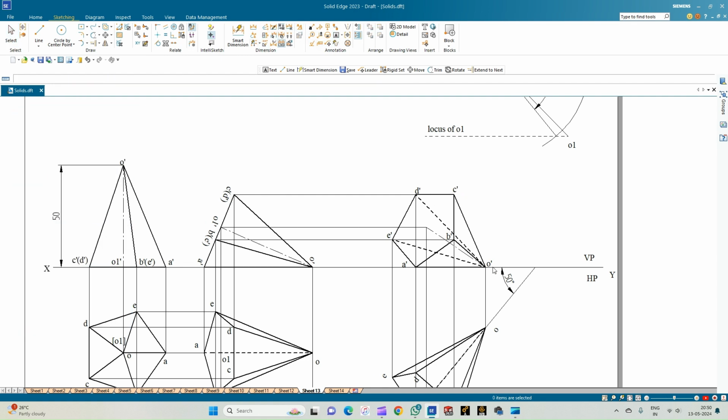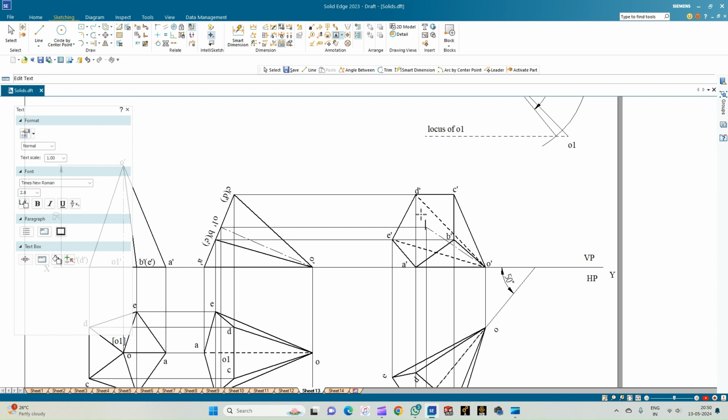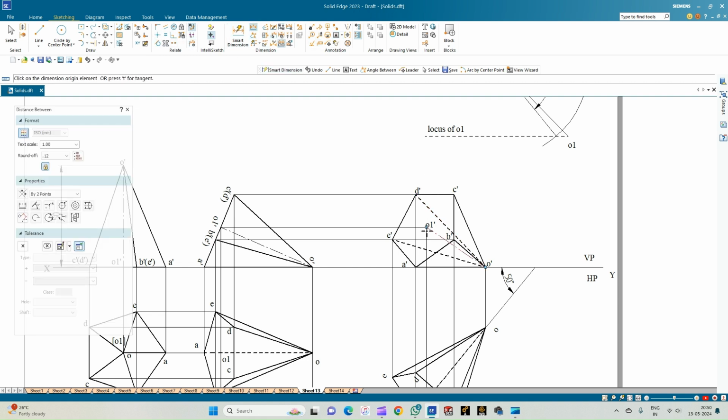And then the axis O1 dash. So if you are asked to measure the length of the axis in the final position, use the distance between and measure the length of O1 dash to O dash. So this is the length of the axis in its final position. So with this we complete the problem.